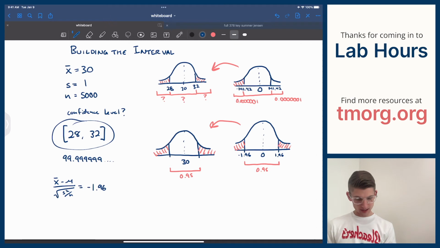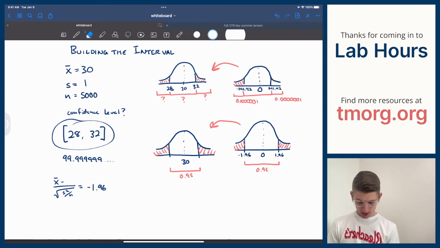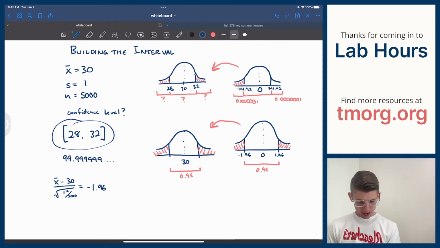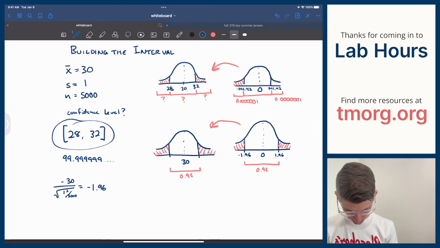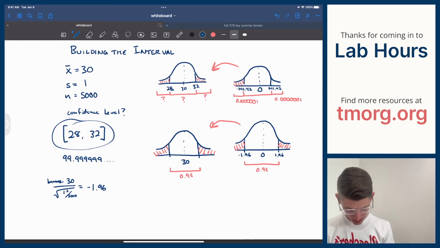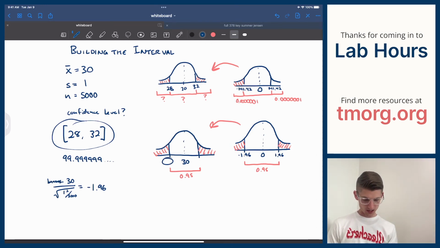So all I have to do then, treating x bar as 30, mu is 30, and using the numbers I was given, 1 squared over 5,000, let me just solve for this bananas number, right? If I just solve for that number, this will be the lower bound because I'm solving for the negative 1.96, and then I'll solve for the upper one as well.